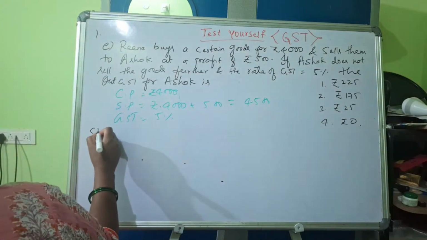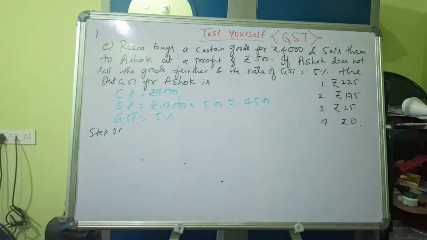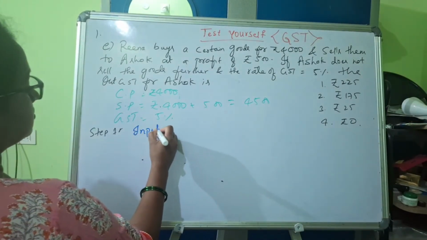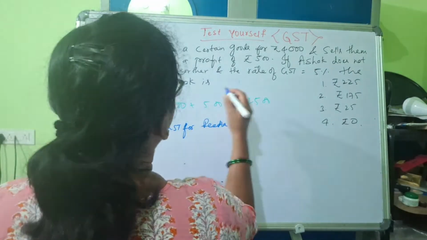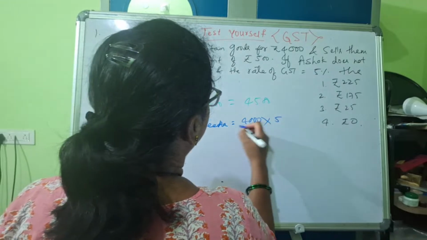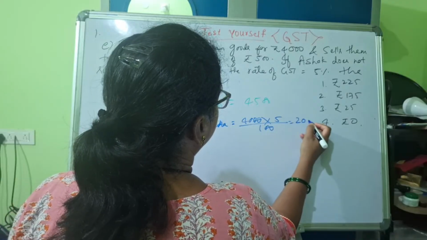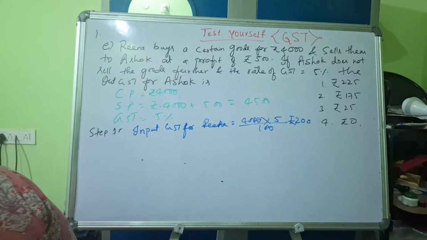In the first step, we have to find the input GST for Reena, which is equal to 4,000 into the GST rate of 5% divided by 100, which is equal to 200. So the input GST for Reena is rupees 200.